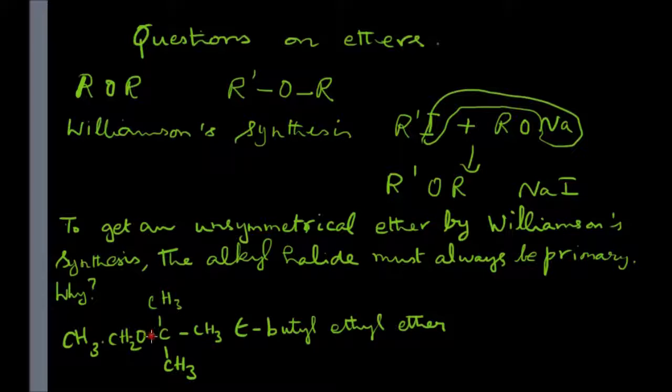One alkyl group that is attached to the oxygen is the tertiary butyl group and the other alkyl group is ethyl group. So this is an unsymmetrical ether called tertiary butyl ethyl ether, the common name for that. By the way, can you write the IUPAC name for this? Please write it. Anyway, I am not going to give the name now. I will be giving it to you at the end of the session.